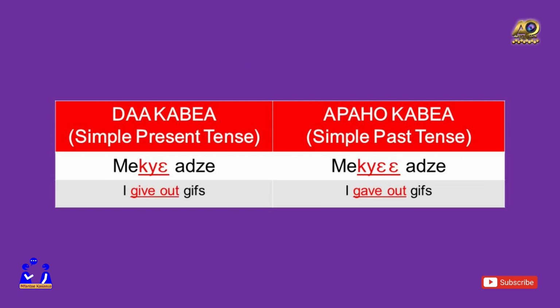We have this one too, che. Che is to give out, gift. So, mechadze. So in Fante, we have meche adze. So the vowel here in this verb is air. We are doubling the air to make a simple past tense.